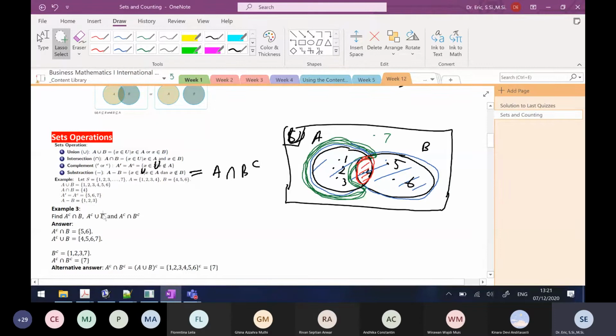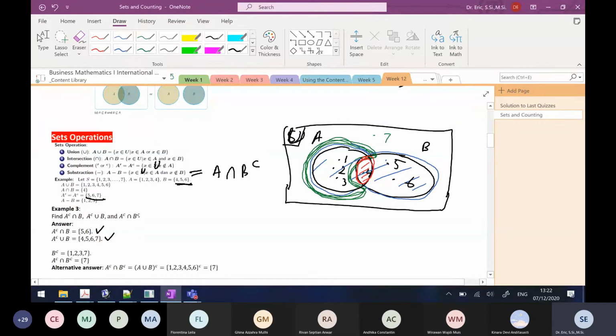I want the elements in A complement, 5, 6, 7, that are also in 4, 5, 6. So the intersection is 5 and 6. What about A complement union B? You unite them and take all of them: 4, 5, 6, and 7.